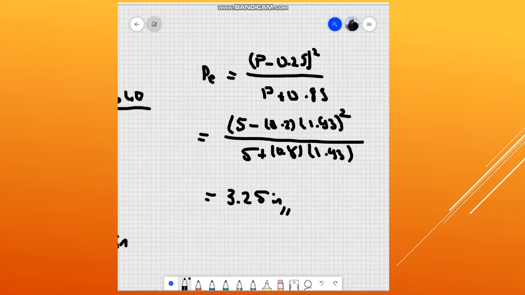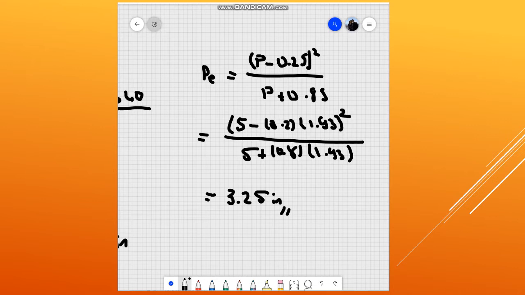In this kind of place, if 5 inches of rainfall comes in this kind of watershed, 3.25 is excess rainfall. It's called excess rainfall or direct runoff.